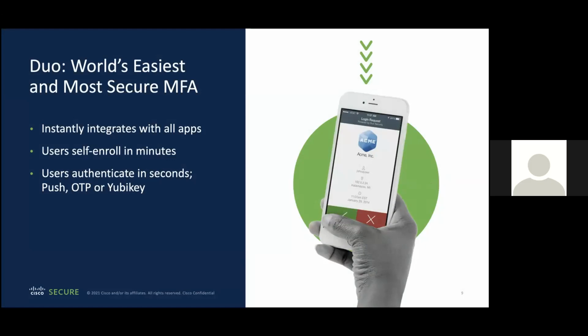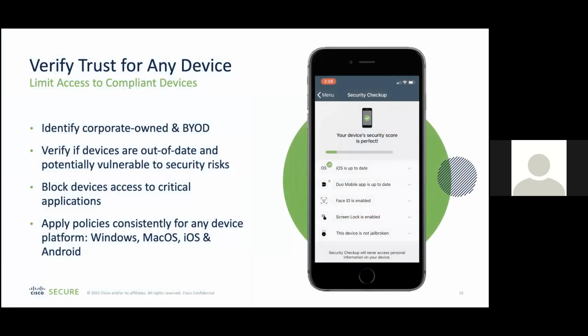So for workforce, we really start talking about Duo, right? Duo is an MFA product, but it supports push, it supports one-time passwords, it supports YubiKeys, lets people enroll, and is really quick and easy to integrate with all applications. We can also identify whether it's a corporate-owned device or a BYOD device, take a look at the security posture on the device, and block access to applications if we decide that the device health is not up to date, or we tie it into your MDM or your anti-malware solution.